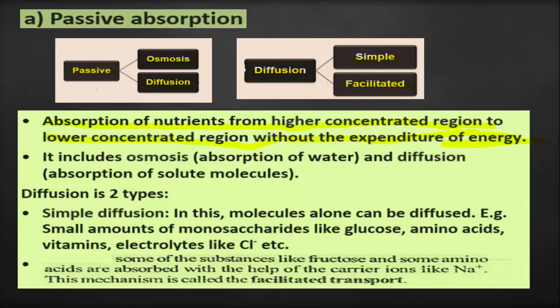Passive absorption includes osmosis, particularly for the absorption of water, where the plasma membrane functions as a semi-permeable membrane. Every cell of the human body is covered by plasma membrane, and that plasma membrane functions as a semi-permeable membrane during the absorption of water, which occurs through osmosis, and osmosis is a passive transportation of material.